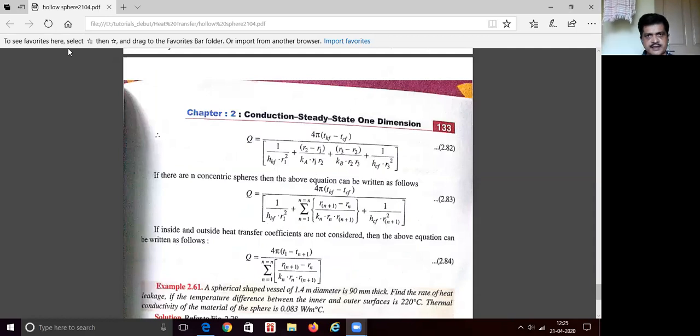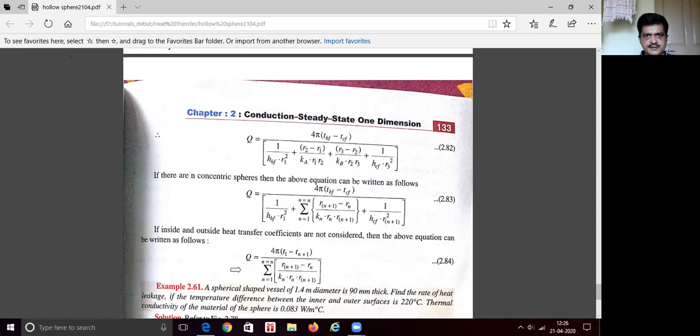Again, if you neglect the convection heat transfer, the first one and the last one, then we can get this equation, or generally you can write this one, where R2 minus R1.